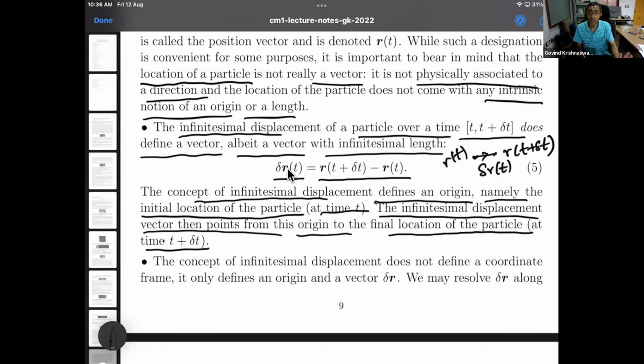All right, so you see how an infinitesimal displacement automatically defines a vector for you. It comes with an origin, it comes with a direction, it comes with a little arrow showing which way it's moving. So all the concepts of a vector are encoded here, unlike in the notion of a location alone.